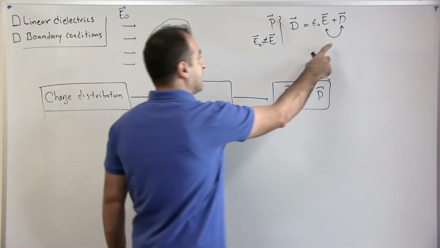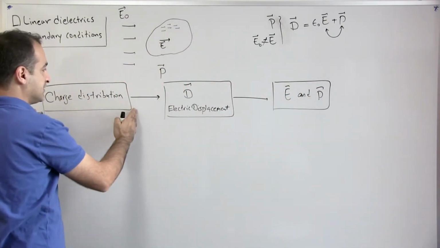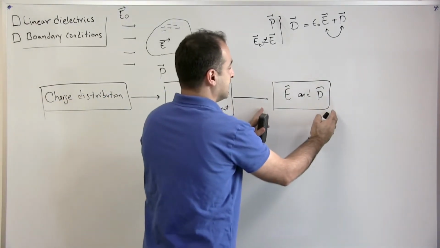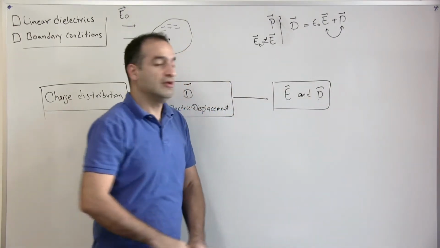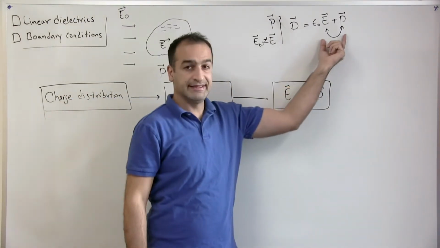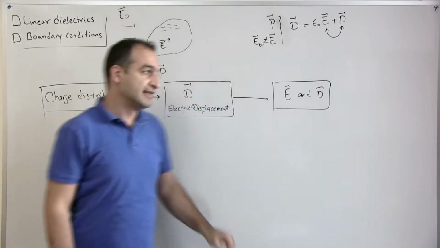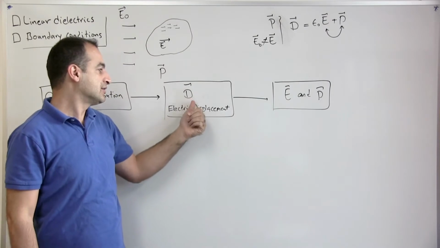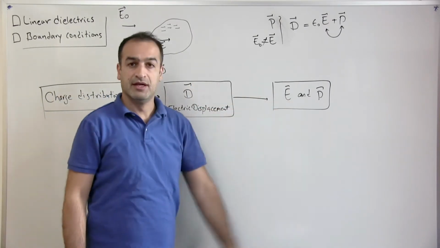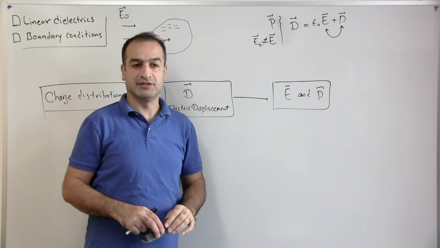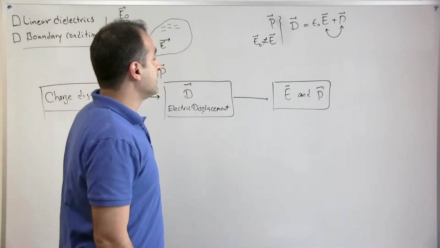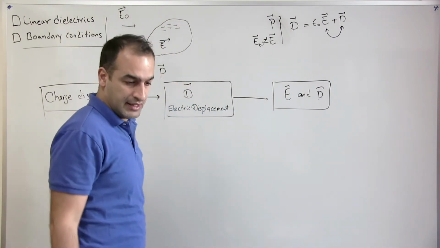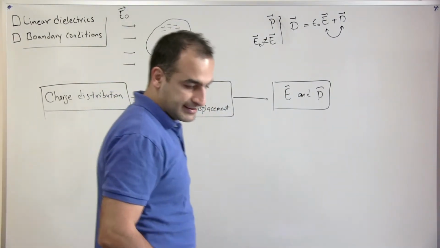If that is the case, we can always start from the charge distribution, calculate electric displacement, and from that we can calculate both E and P. If we don't make that assumption, then we will end up having two unknowns and one known, and it's hard to move from electric displacement to electric field and polarization. So now I'm going to look at how P and E can be related to each other and what equations connect these two together.